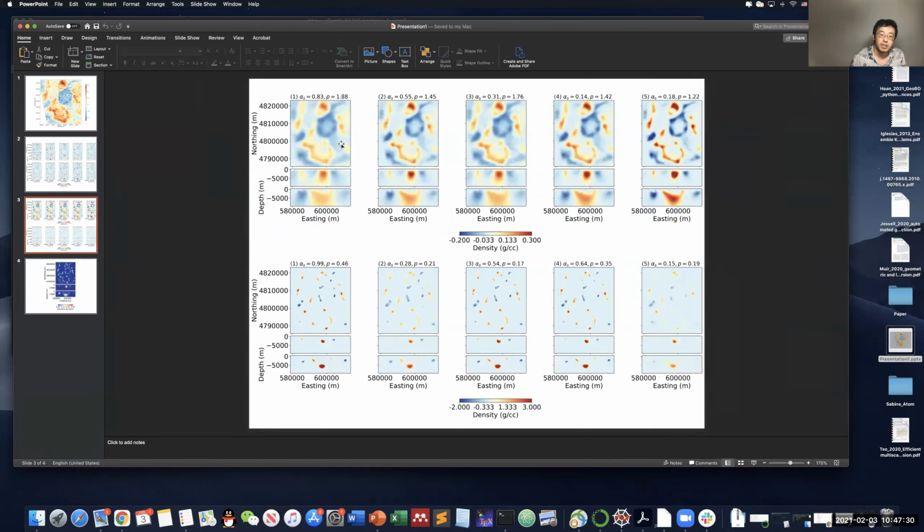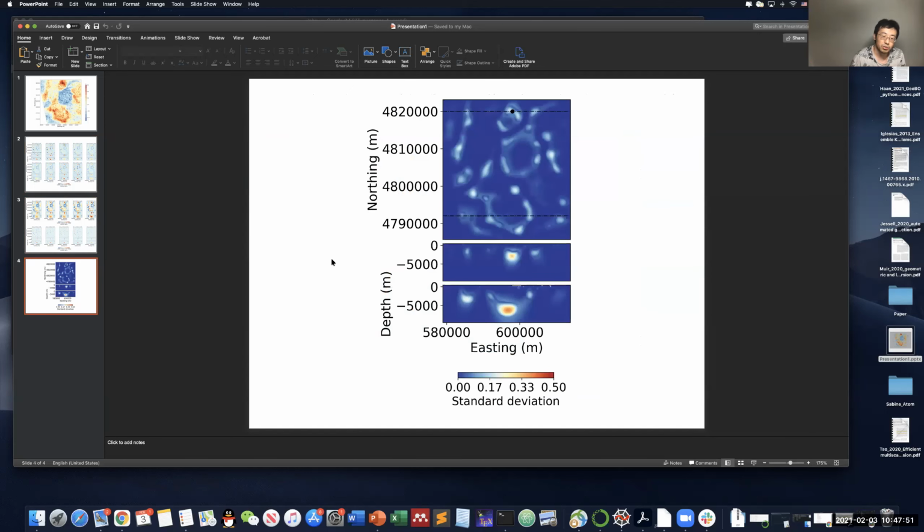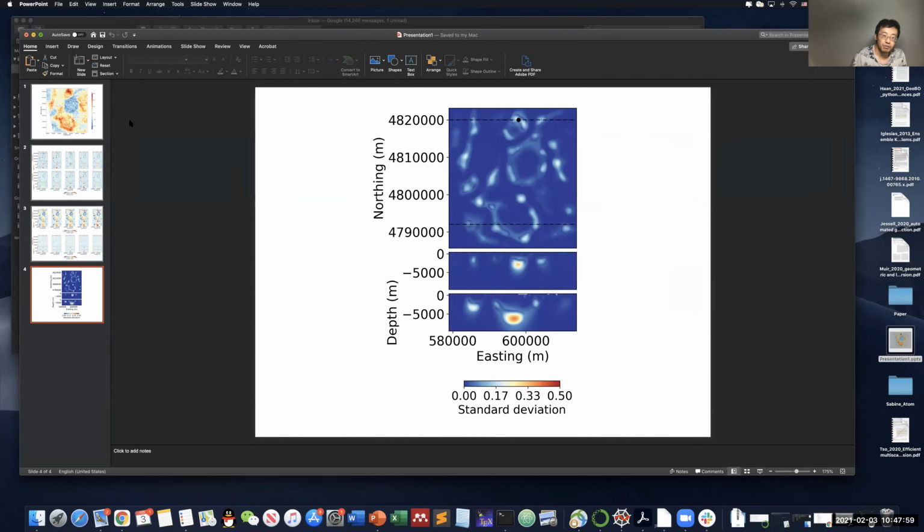Similarly, this is way more smooth, and these models are really compact. I performed these inversions a total of 160 times, and then, based on the borehole data, I decided which models are acceptable and which are rejected. Finally, I calculated the standard deviation to analyze the uncertainty of these areas. This is what I did last week. Yeah, that's all from me today.